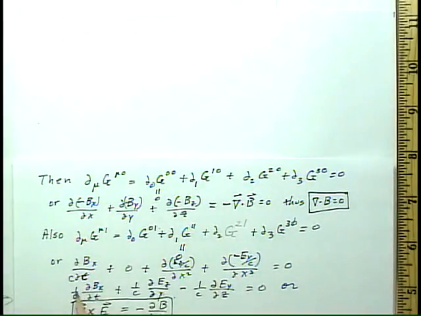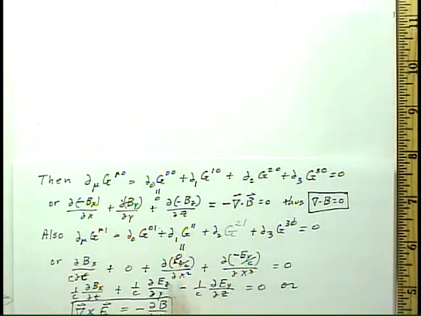Writing that out slightly differently, we have 1 over c here, partial of Bx with respect to t, plus, and now we have two terms. We pull the 1 over c out to the front, and we have partial of Ez with respect to y. Remember, the x upper 2 is equal to y, minus, from this minus sign here, partial of Ey with respect to z.